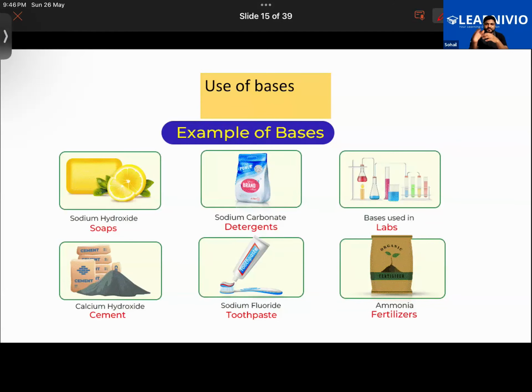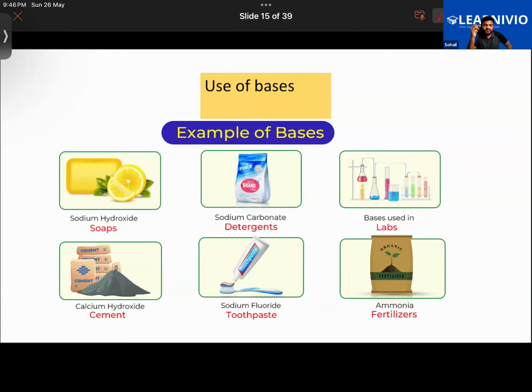It's not like we decided we have to make detergent, so we will only use a base.